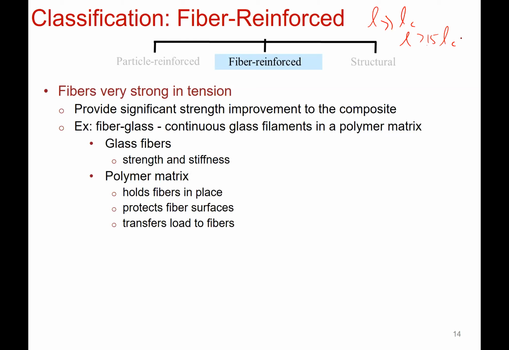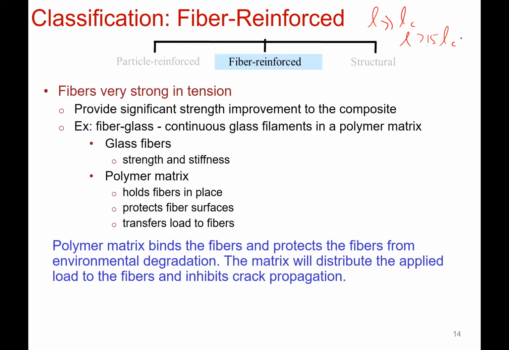If the applied load is much greater than what the matrix can handle, it'll transfer that load over to the fiber, which will absorb the load. It also helps to inhibit crack propagation by doing so.